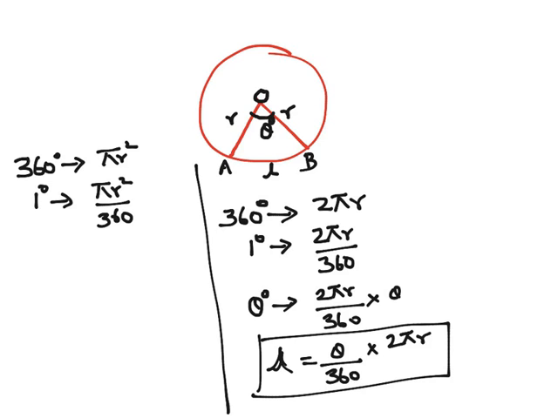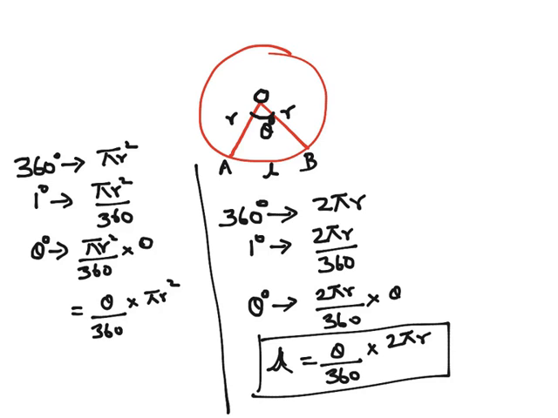But I am interested in finding the area of the sector, and the sector has theta degrees at the center. So theta degrees will give us pi r square divided by 360 multiplied with theta, which is nothing but theta divided by 360 into pi r squared. That is the area of the sector if the angle is given in terms of degrees. I hope the concepts are clear.